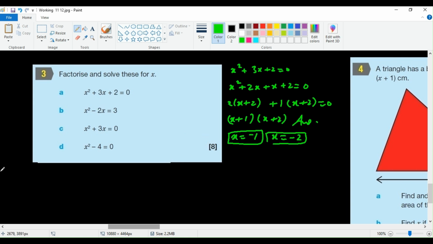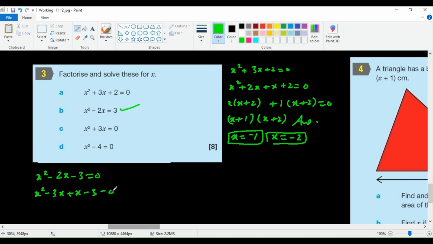Now comes x square minus 2x minus 3 equals 0. Because this plus 3 will go to the other side, it becomes a -3. That means x square minus 3x plus x minus 3 equals 0.